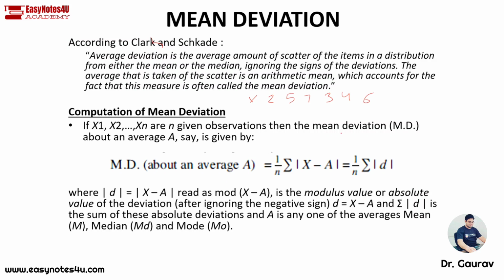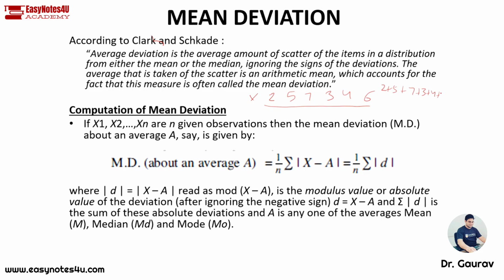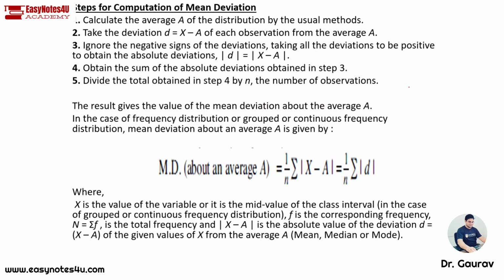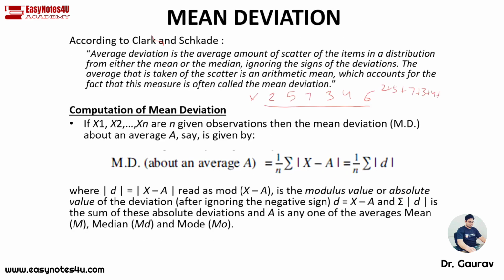First of all, you have to calculate the average of all. How do you calculate the average? 2 plus 5 plus 7 plus 3 plus 4 plus 6, divided by the number of observations, which is 6.